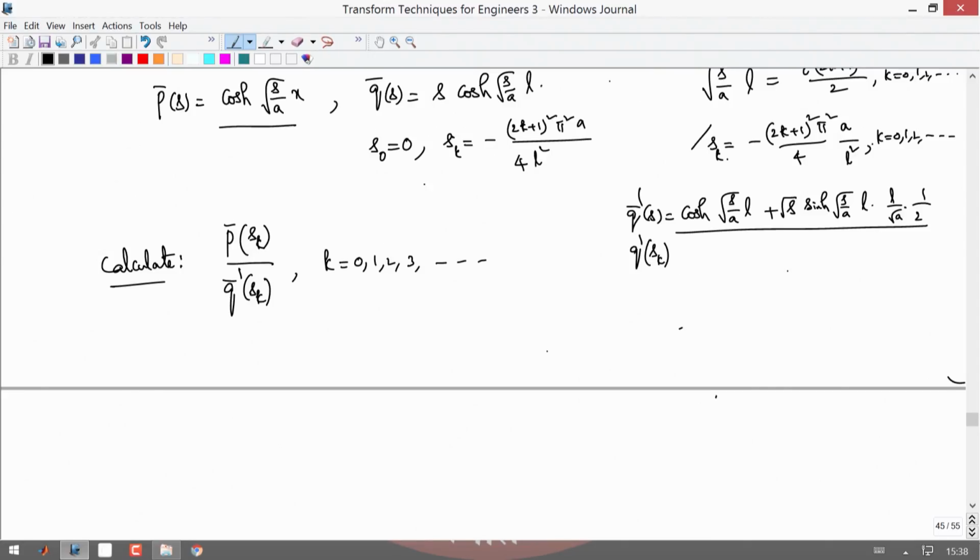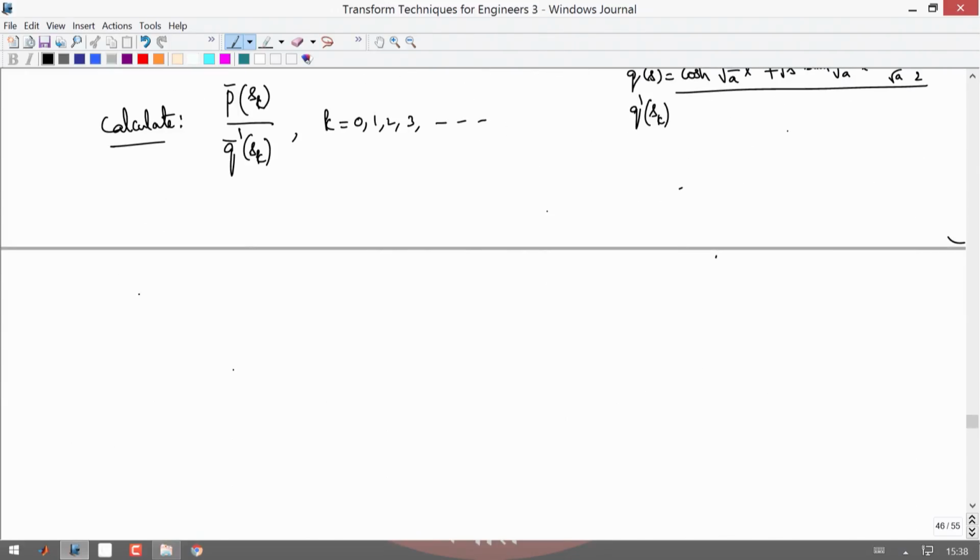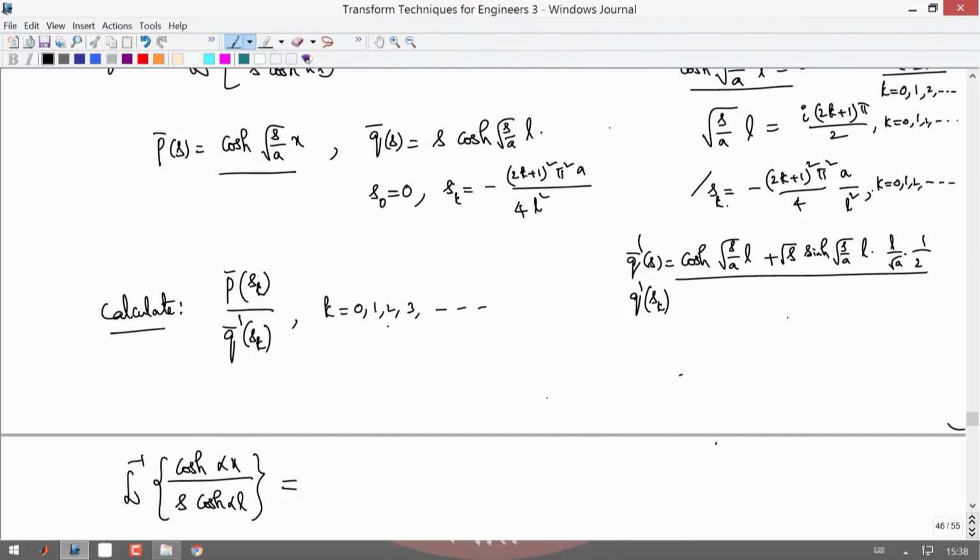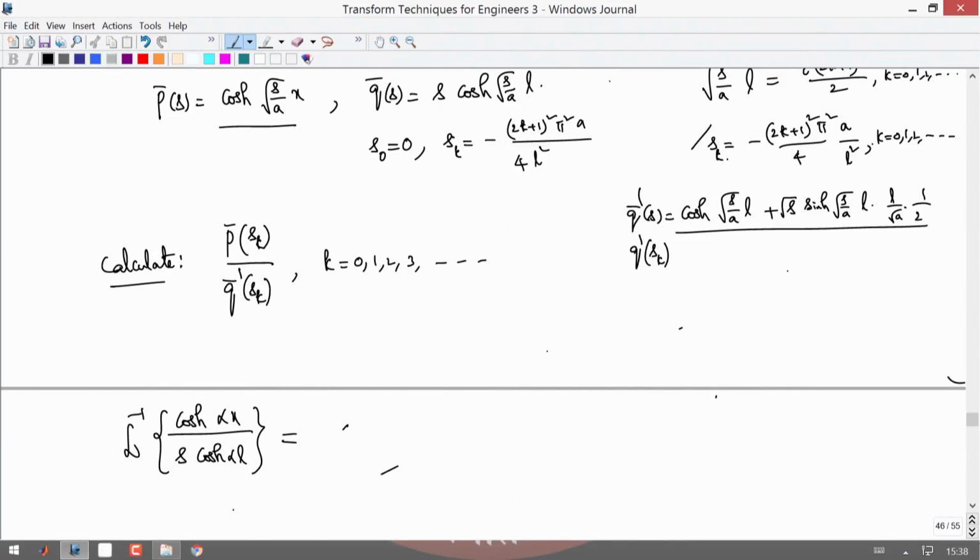Calculate these terms first, and then the L inversion of cos hyperbolic alpha x divided by s times cos hyperbolic alpha L can be written as partial fractions: the number you calculated, p bar at sk by q bar dash at sk, with summation k from 0 to infinity, into 1 over s minus sk.